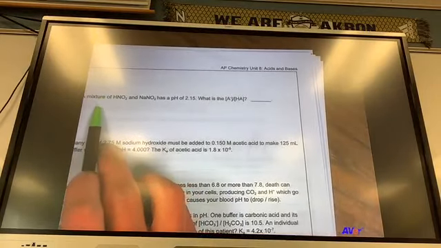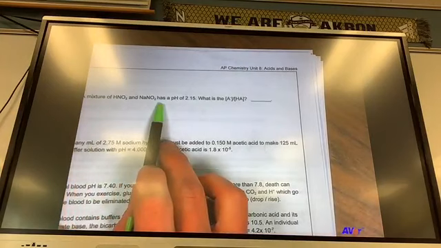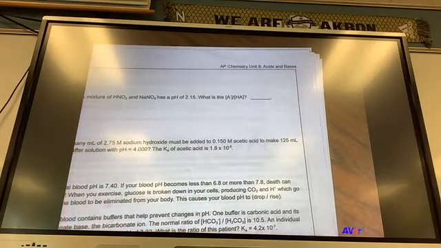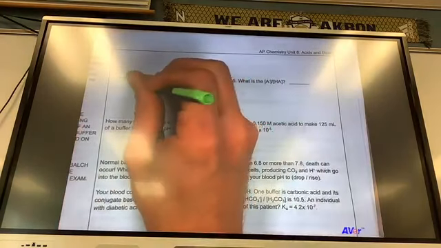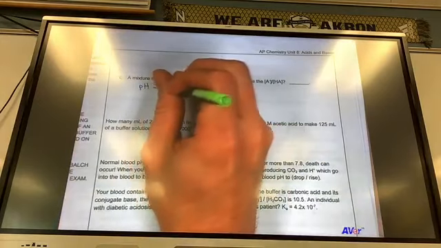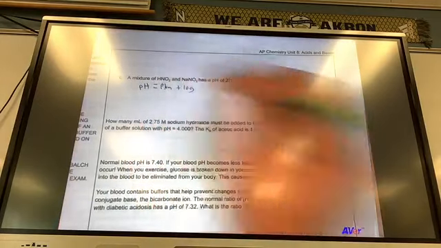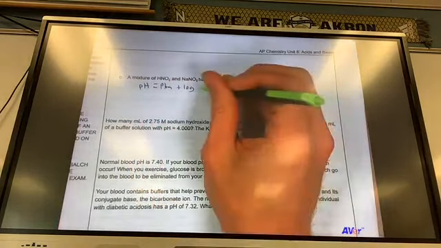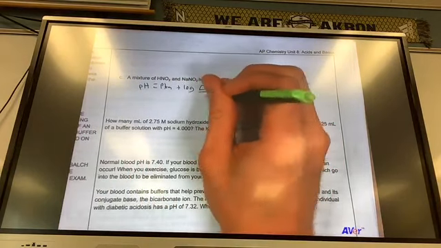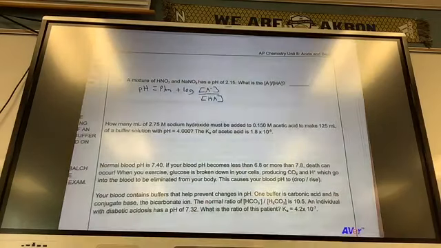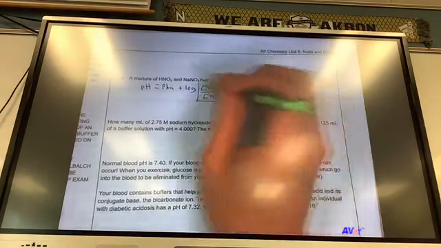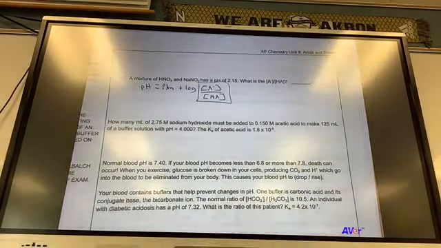Okay. A mixture of HNO2 and NaNO2 has a pH of 2.15. What is the concentration of A minus over HA? This is easy, because we know that pH equals pKa plus log of the concentration of A minus over the concentration of HA. What are they asking me to solve for? I know the pH.